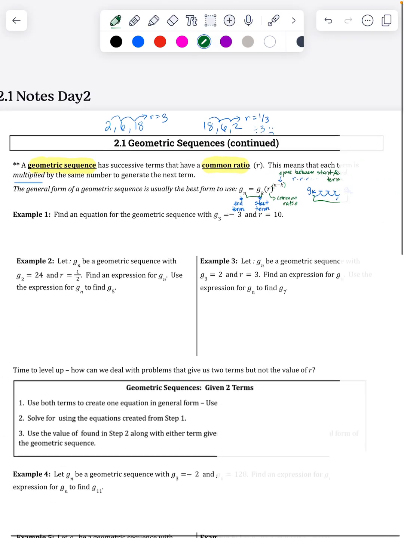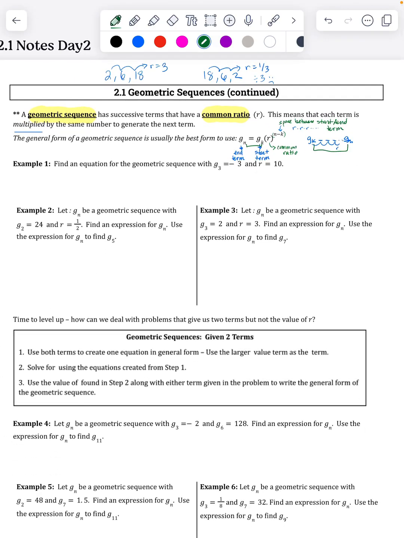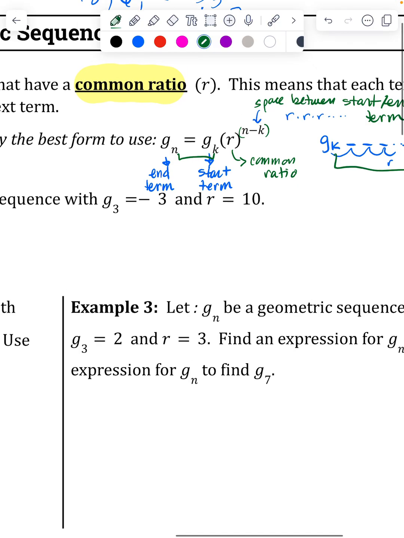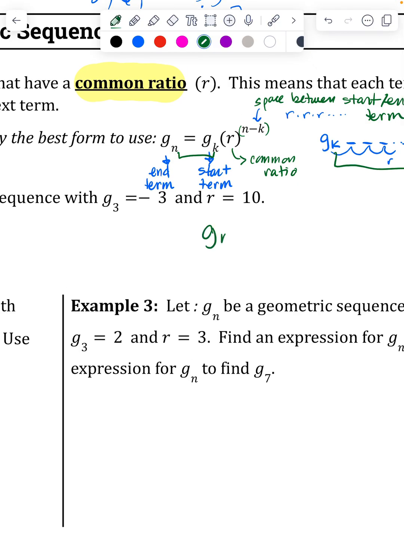So if I have, it says find the equation, so it wants us to write it in that general form of the geometric sequence, and then it gives you G3 and it gives you R. So I'm going to be looking at writing G sub n, meaning you can get to any term you want if you start with G sub k, which has to be your starting term, and we have to start at the term we know, so I'm going to have -3 in that spot.